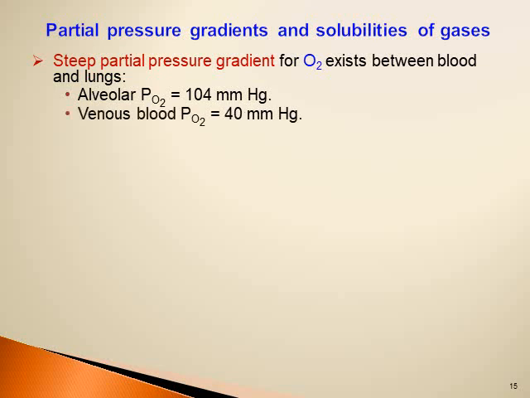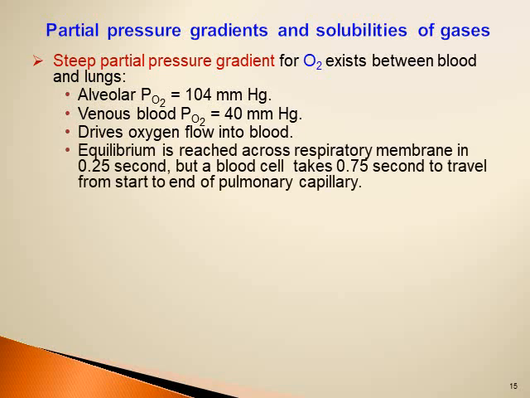The partial pressure of oxygen in the venous blood that is carried to the lungs through the pulmonary trunk is 40 millimeter mercury. This steep partial pressure gradient will drive oxygen flow from the alveoli into the blood. Equilibrium is reached across the respiratory membrane in 0.25 seconds.